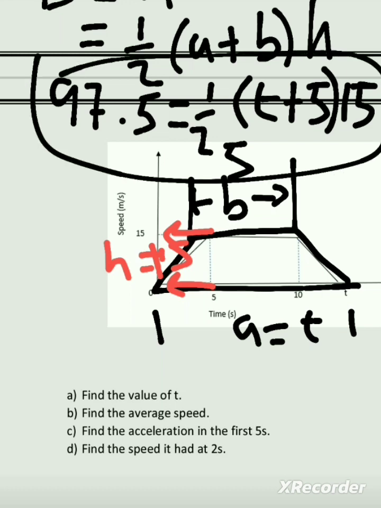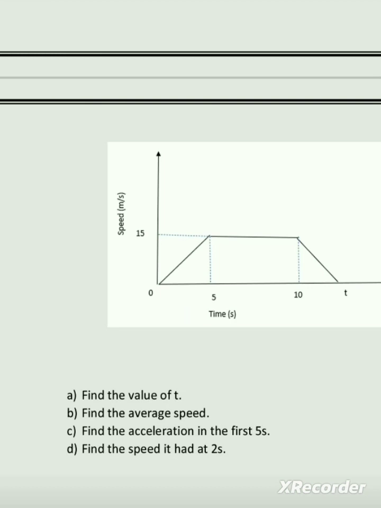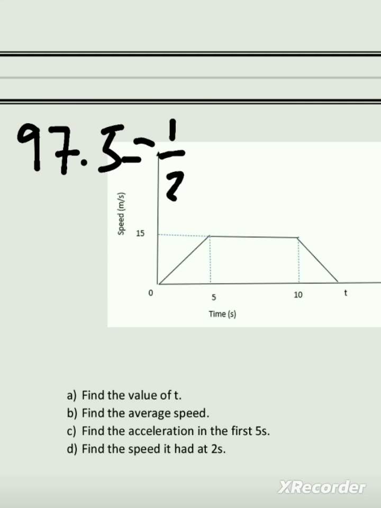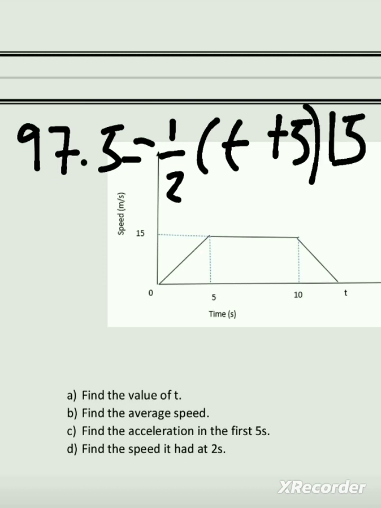I'll start from here, so that you also learn how to manipulate. So we have 97.5 equals 1 over 2 times (t plus 5) times 15. The first thing you can do is, if 15 was divisible by 2, you could have cancelled, but it's not. So if it's not, you can cross multiply.